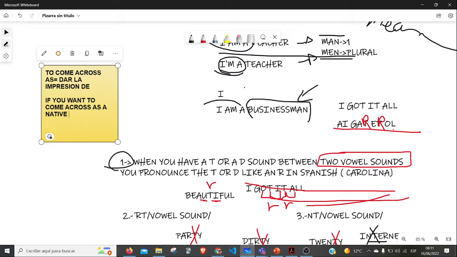How do you say entendí todo in English? Do you remember? I got it all. Okay? So this is a reason that I travel to the United States 5 or 6 times per year.